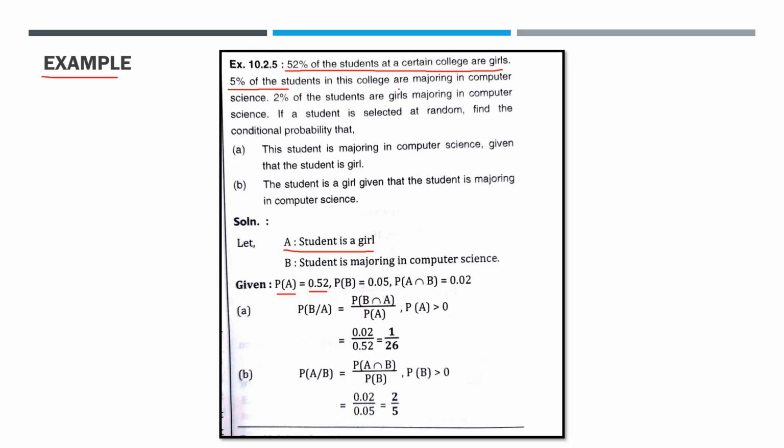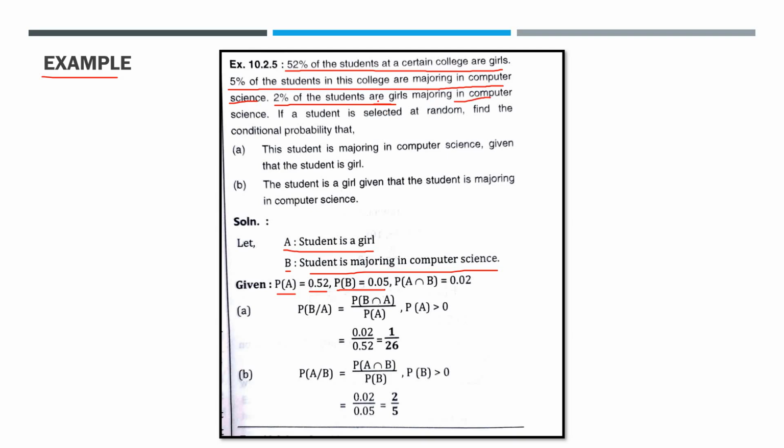Now 5% of the students in this college are majoring in computer science. Now we'll take the second event, B: the student is majoring in computer science. So the probability of B is 0.05. Now 2% of the students are girls and also majoring in computer science.